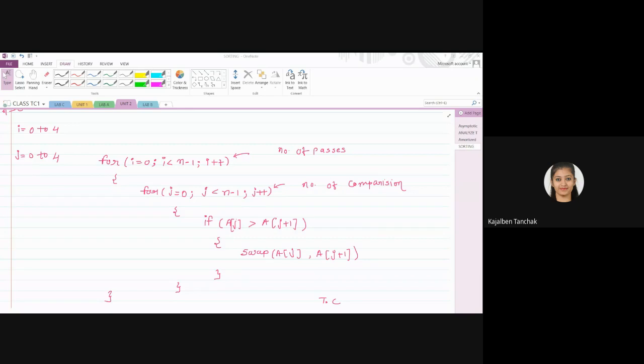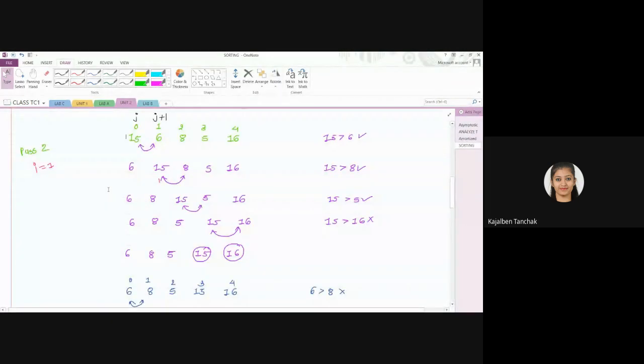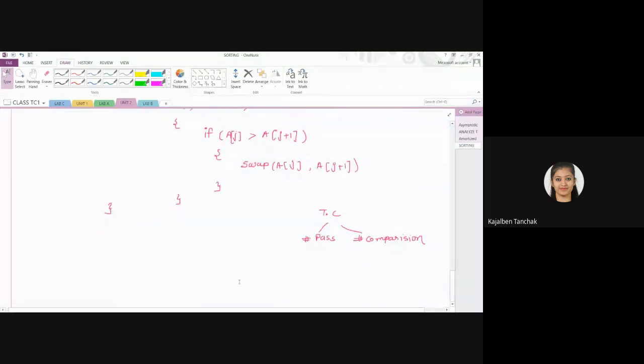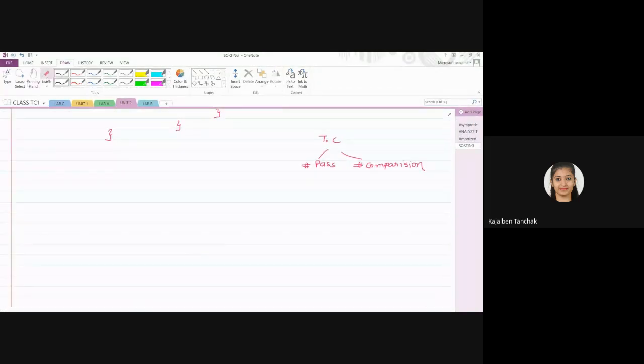Now can anyone tell me the time complexity? Let us understand the time complexity first. So let us do the time complexity for the worst case. So your time complexity is dependent on what? Number of swaps and number of comparisons, right?